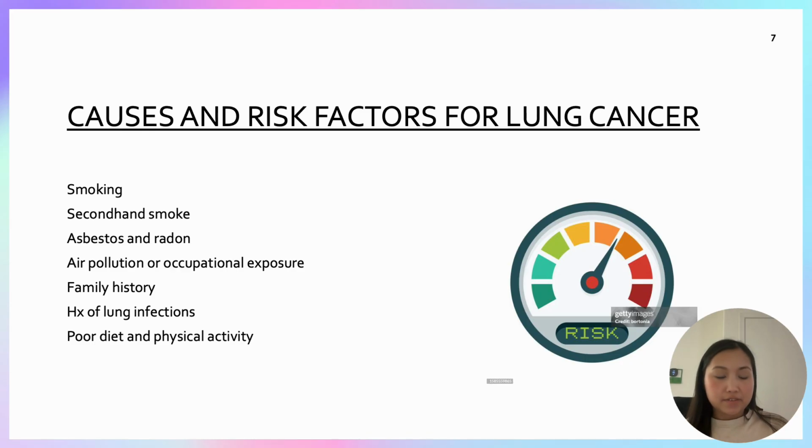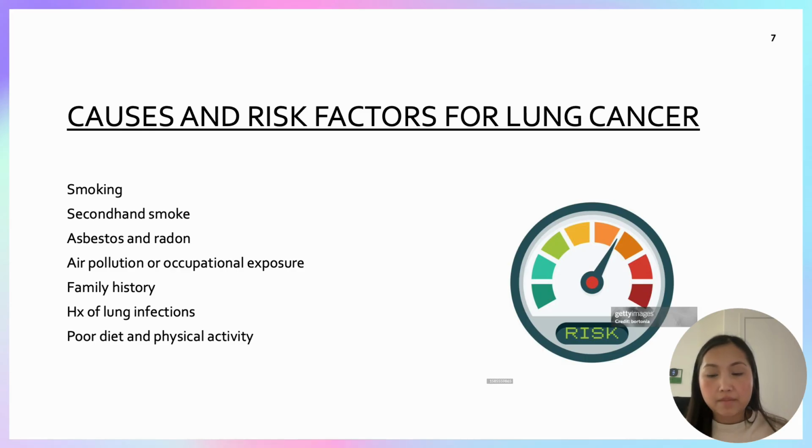For genetics and family history of lung cancer may increase risks, and certain inherited gene mutations can predispose individuals. For environmental and occupational exposures, radon gas is a naturally occurring radioactive gas found in homes and buildings.